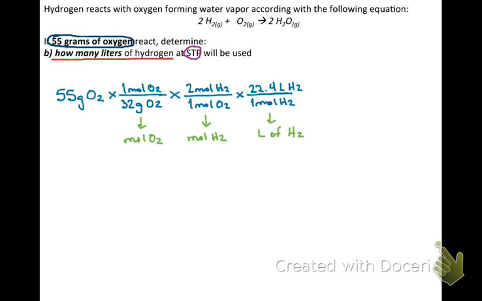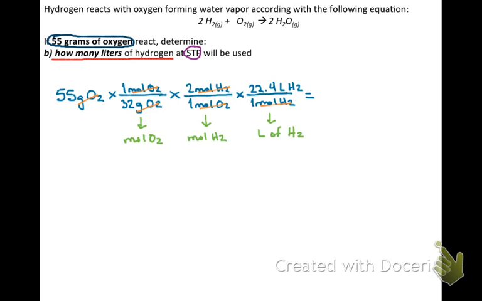If I cancel the units just to be sure, grams with grams, moles of oxygen, moles of oxygen, moles of hydrogen, then I can do the calculations.